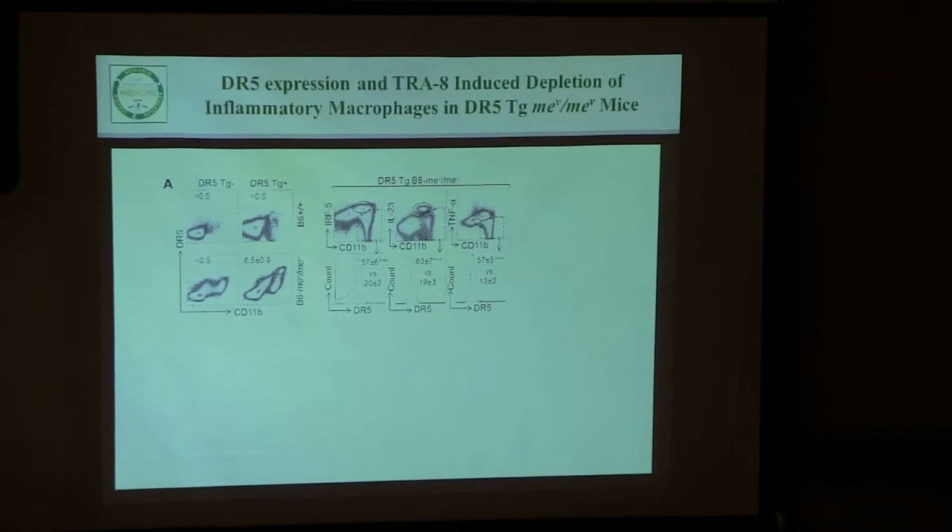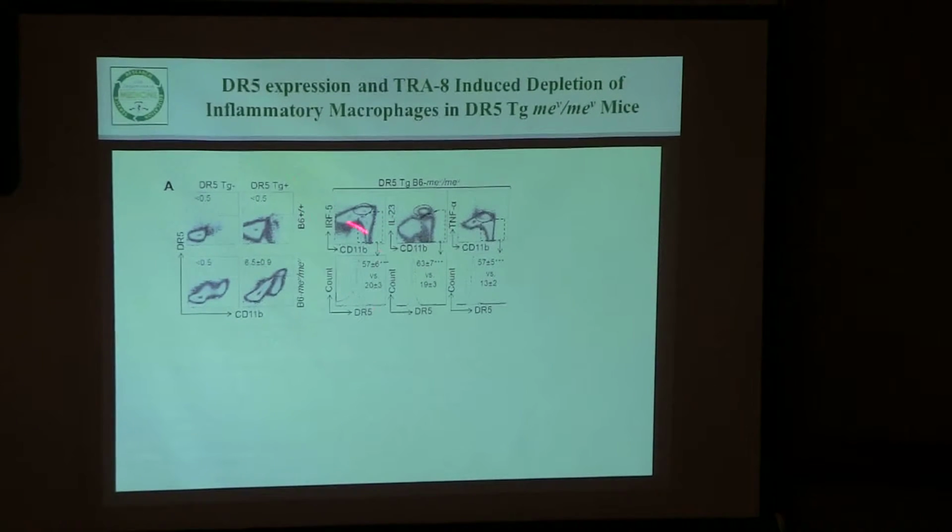And the flow data show, as we expect, that transgenic DR5 is highly expressed in the CD11b positive myeloid cell. And the transgenic DR5 expression is also highly correlated with the M1 signature genes, which include IRF5, a transcription factor that controls the development of M1 macrophage.